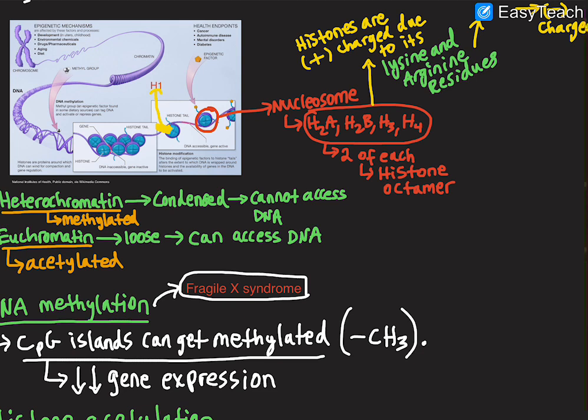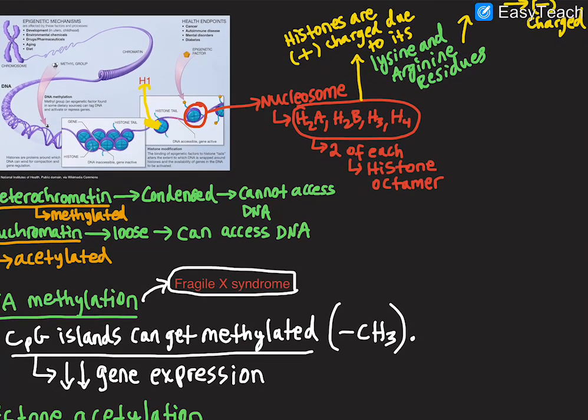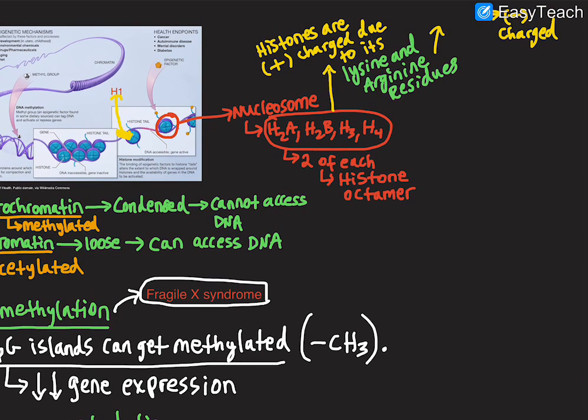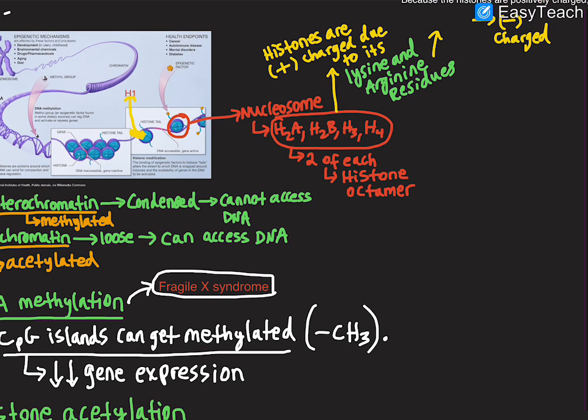So knowing that, let's talk more about histones. Like we said, DNA is wrapped around the histones to form the nucleosome complex. But DNA is negatively charged. So how does the histone bind onto that? That's because histones are positively charged, since they have 2 main amino acids, lysine and arginine, and we know that lysine and arginine are positively charged.